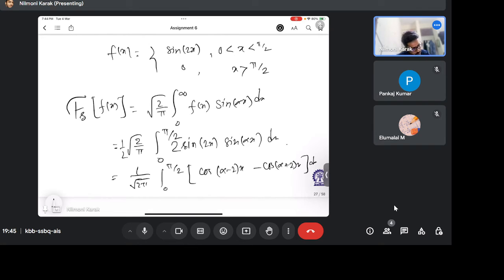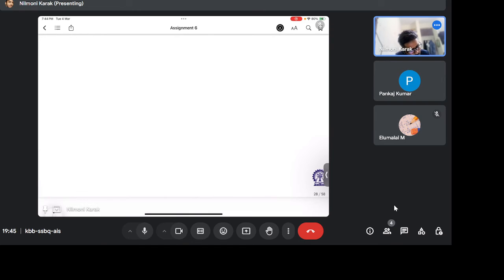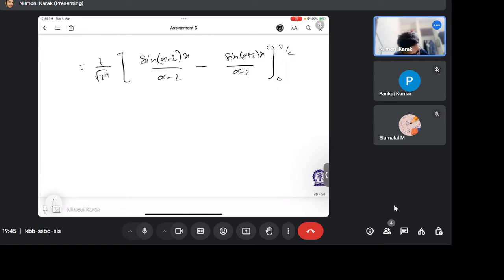Now we can integrate them easily. 1 by root 2 pi, sine of alpha minus 2 times x divided by alpha minus 2, minus sine of alpha plus 2 times x divided by alpha plus 2, from 0 to pi by 2, and just put the upper limit and lower limit.